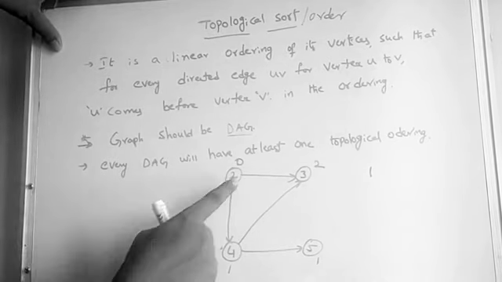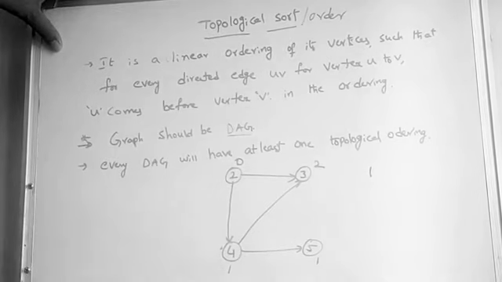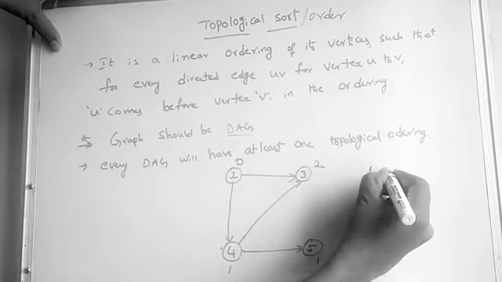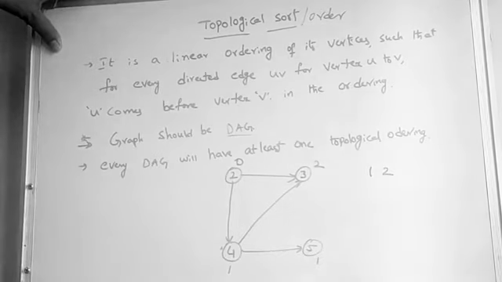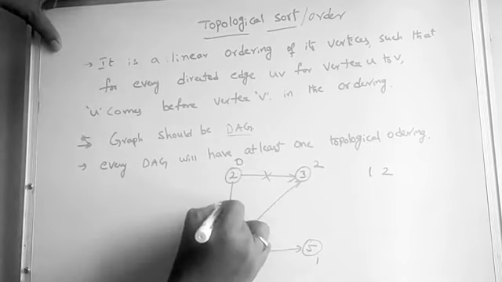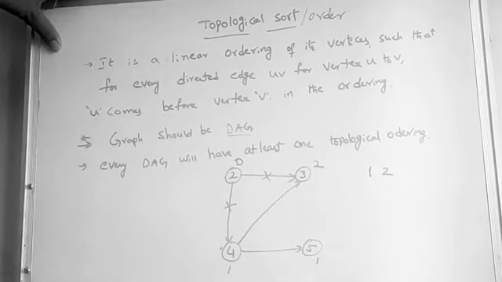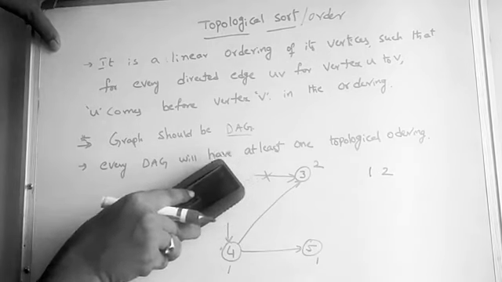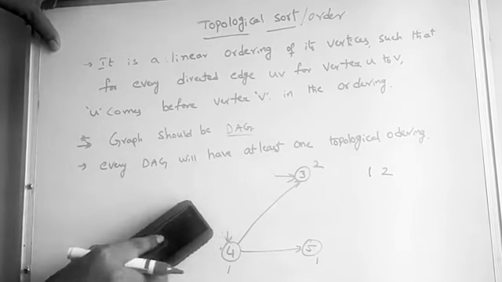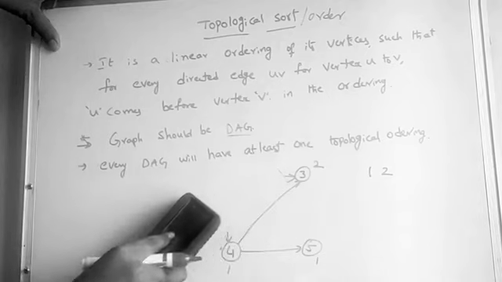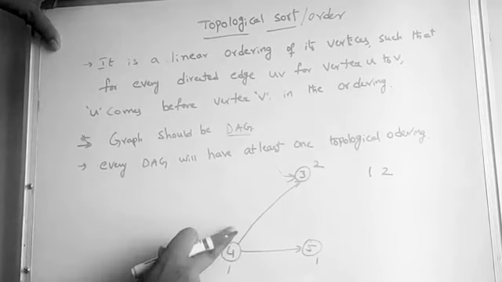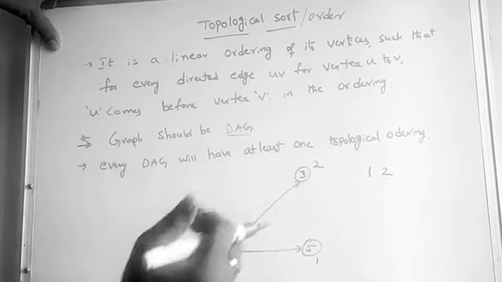Next, vertex 2 has in degree 0, so remove 2 from the graph. Its edges are also removed along with the vertex.